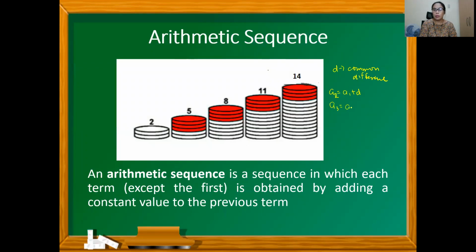So we'll have a sub 1 plus 2d here. And generally, in solving for the nth term of a sequence, we consider this general term a sub n equals a sub 1 plus quantity n minus 1 times d. So we always use this formula whenever we solve for the nth term.